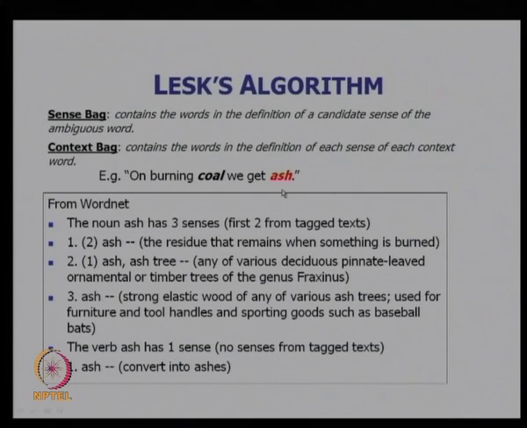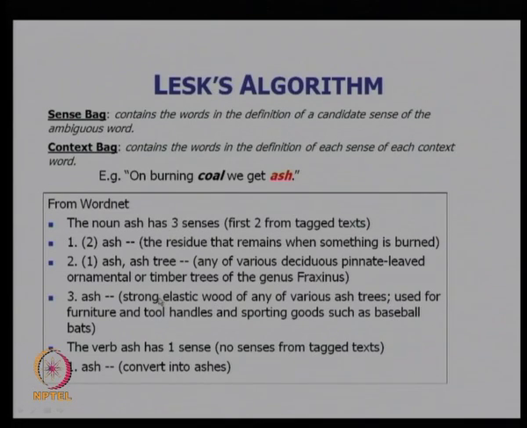So, here we are going to disambiguate ash. From the WordNet we find that the noun ash has three senses. The first sense is the most commonly known sense of ash, the residue that remains when something is burnt. Second sense is that of ash tree, and third sense is that of elastic wood.